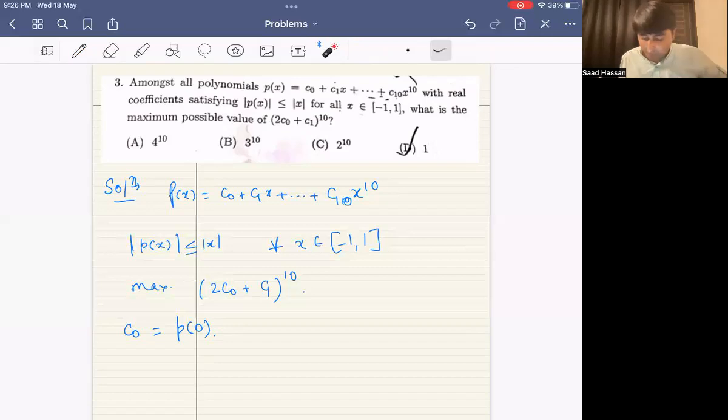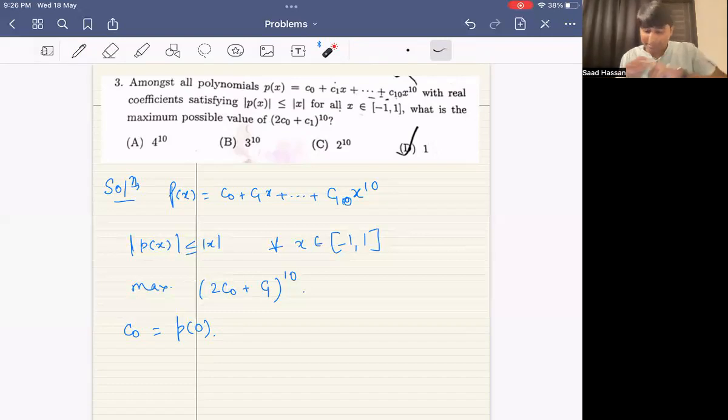One idea is that we can individually find the values of c0 and c1 and then proceed, or a combination of these two. It means that you can find one value and get a bound for another value. That could be the case too.